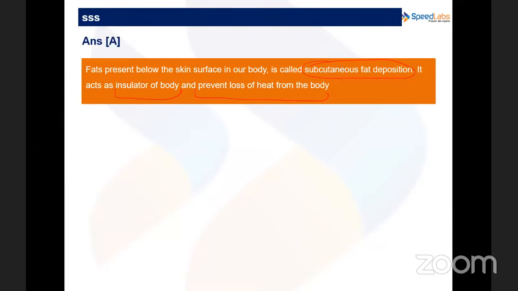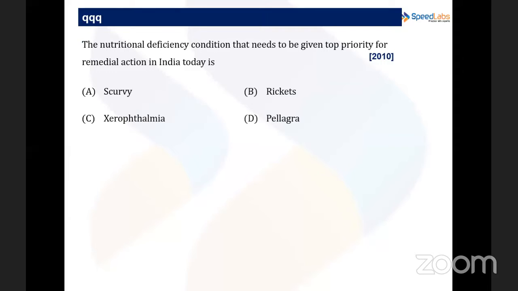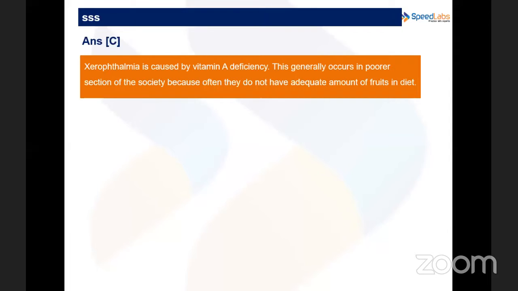The next question is, non-nutritional deficiency condition that needs to be given top priority for remedial action in India today. Option A, scurvy. Option B, rickets. Option C, xerophthalmia. Option D, pellagra. This is a good question. The answer to this question is option C, xerophthalmia.